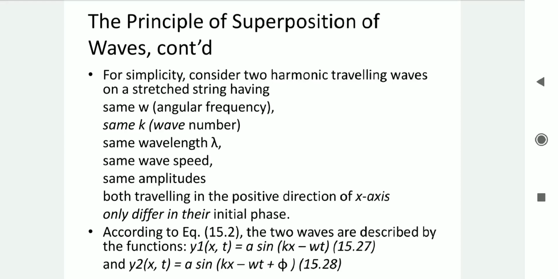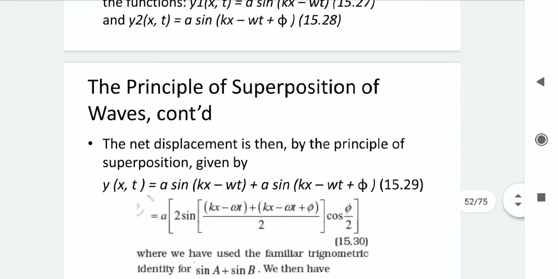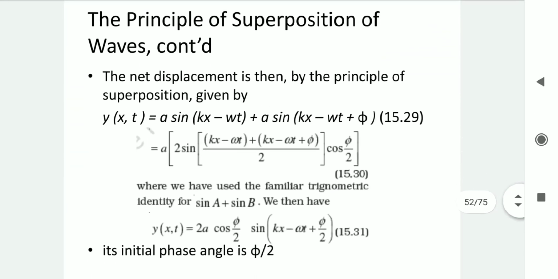Other than the initial phase phi, we are keeping the parameters constant. Here the net displacement can be defined using the superposition principle: y(x,t) equal to y1(x,t) plus y2(x,t). By substituting y1 and y2 and solving, we get the equation.